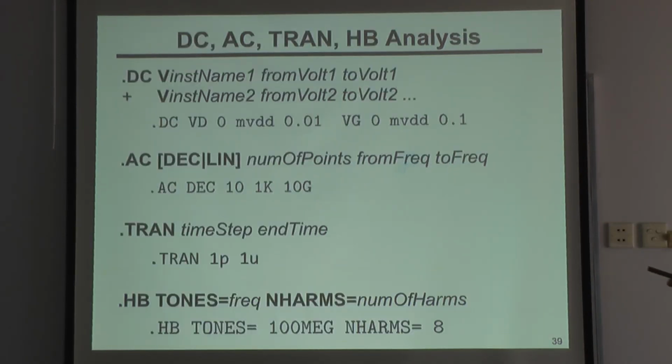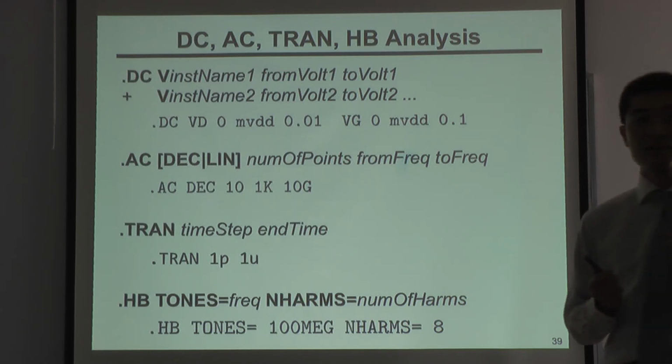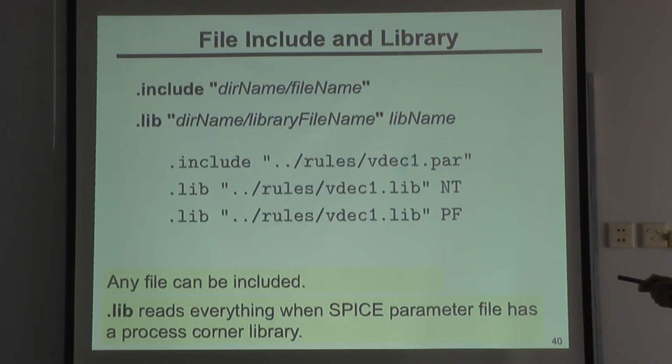Usually netlists are case insensitive, but the include file name is case sensitive. So we can include this parameter file and we can use a .lib library like this.